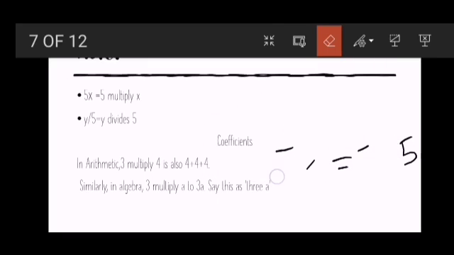That's this in arithmetic. And the next one, similarly in algebra, 3 multiply a is also 3a, and you say this as 3a. Please repeat after me, 3a. So let's move to the next one.